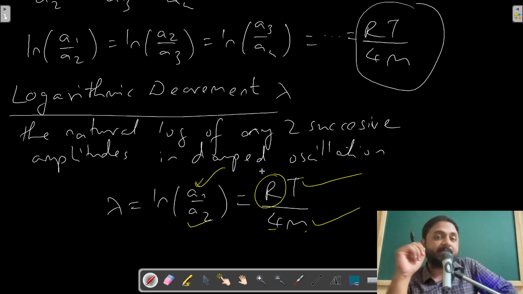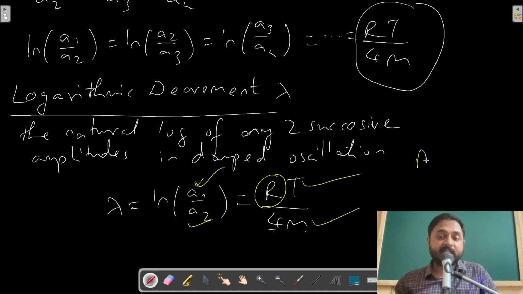Any term in physics becomes important because of its value that we can calculate easily. So this log decrement is special because using this value of lambda, which is quite easy to calculate, and using this formula, you can find the damping coefficient. In fact, there is a very famous method called Meyer's method to find the viscosity of any liquid.